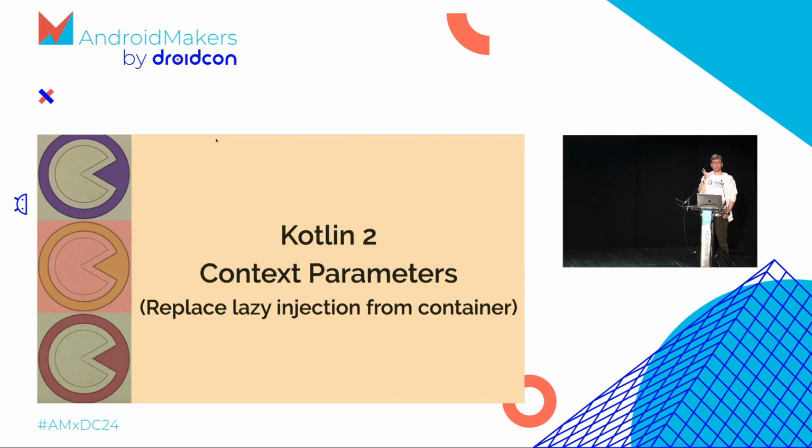Also in Kotlin 2, there are new things coming. I'm not sure it will be in Kotlin 2.0, but 2.1: context parameters. They try to revamp what are context receivers with context parameters. Why? Because context receivers make lots of conflicts with the current scope of your application.